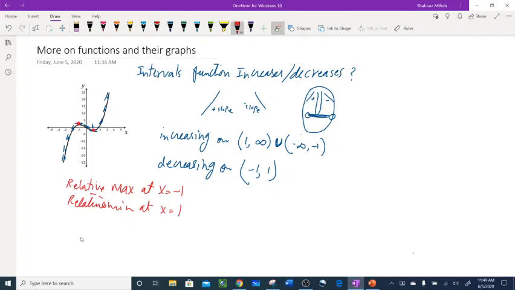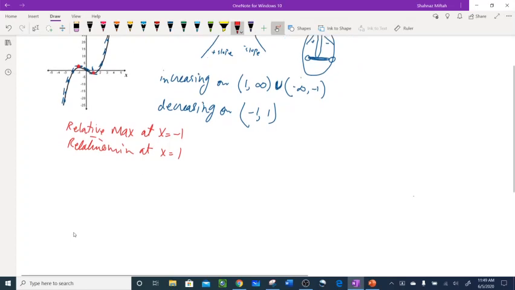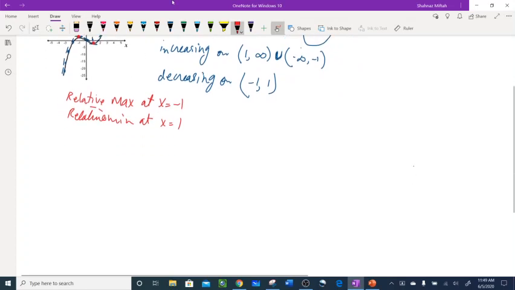Okay, let's try some more things about even and odd. We figured out all these things from the graph. In further pre-calculus videos, we're going to find all of this out algebraically. What are even and odd functions?